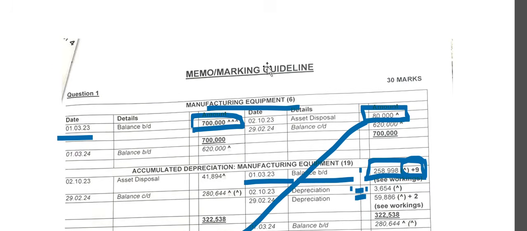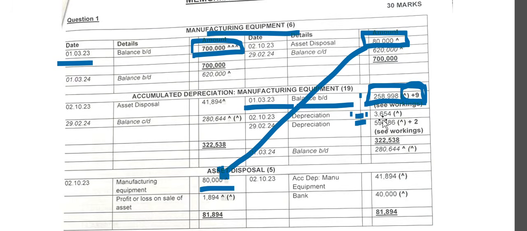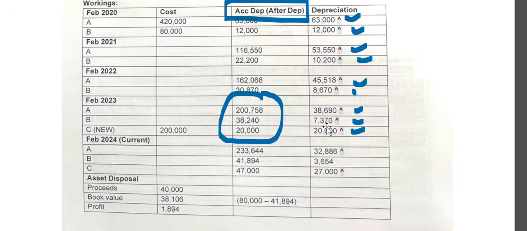So if we go to our workings, and this is the difficult part in this question, we're trying to get this 3654, and we are selling B, right? So let's have a look here. The cost price of B is 80,000.